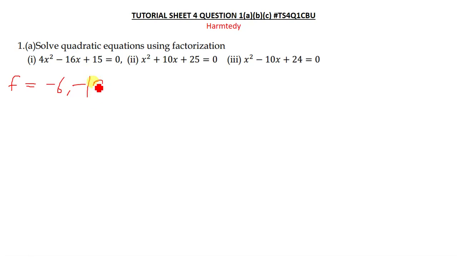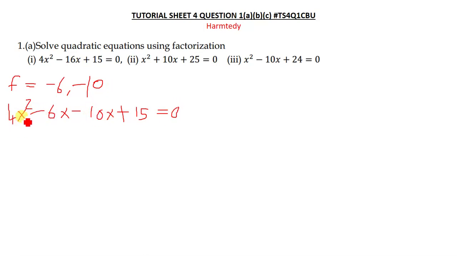Now we quickly move on to solving the quadratic equation. We replace the factors where there is 16 there. So we say 4x squared minus 6x, you can start with any, minus 10x plus 15. This will give us 0.